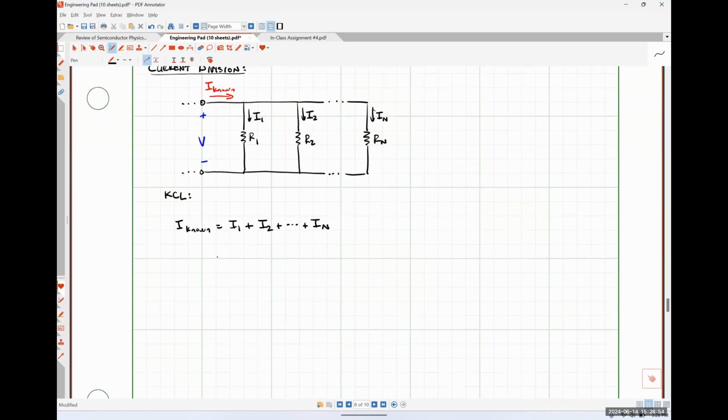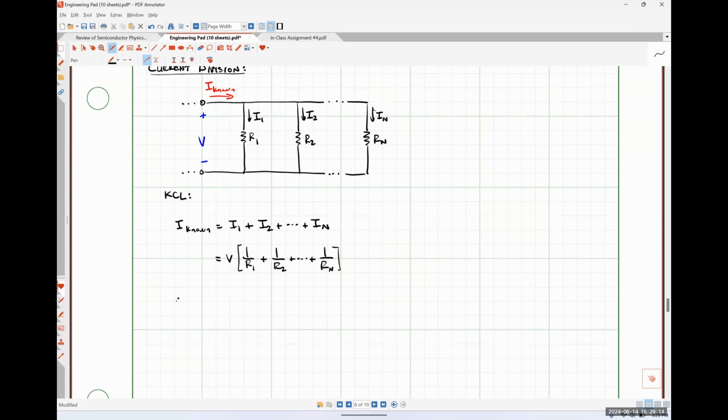We could express all of those currents in terms of our voltage V. So that's going to look like V times 1 over R1 plus 1 over R2 all the way out to 1 over R sub n.